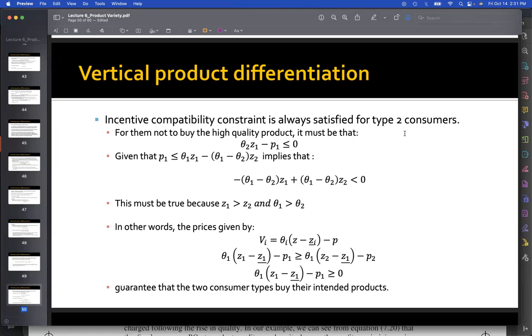And we engineered this such that if it satisfies for one preferring his own product over two's, this also tells us by monotonicity that the low types would have a negative utility.